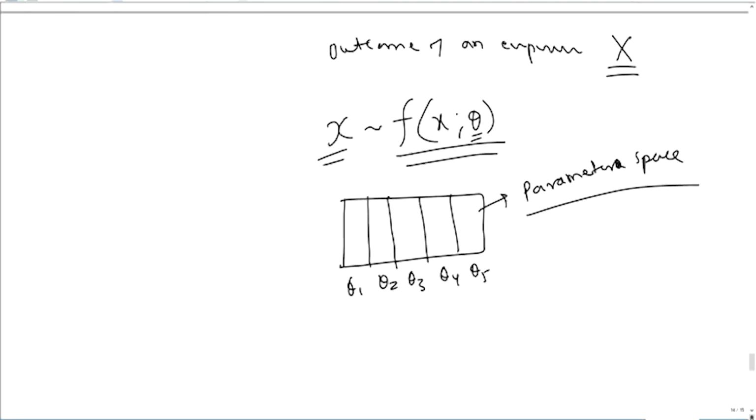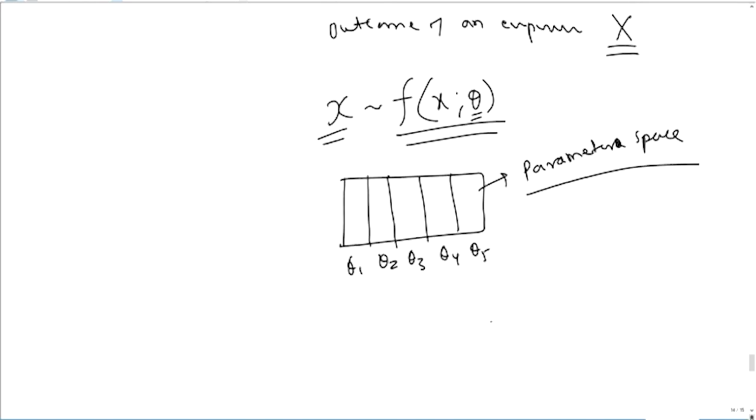These are all 5 distinct discrete point values. So your parameter space has been divided into 5 discrete points. Now let's say you have collected some data, and your data is x obs.